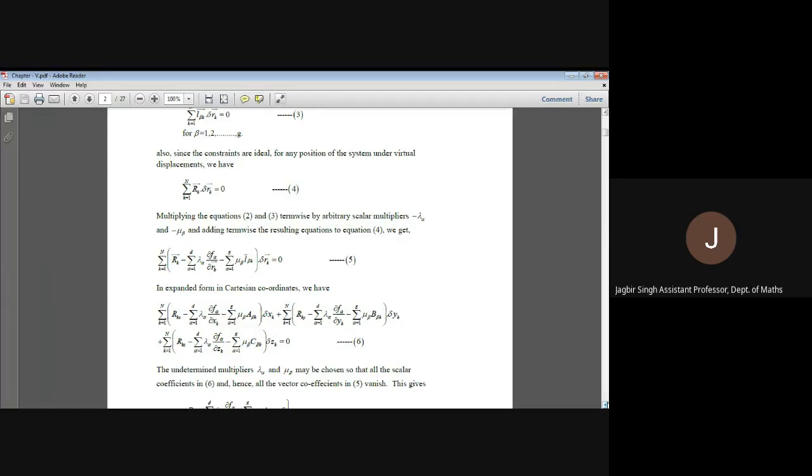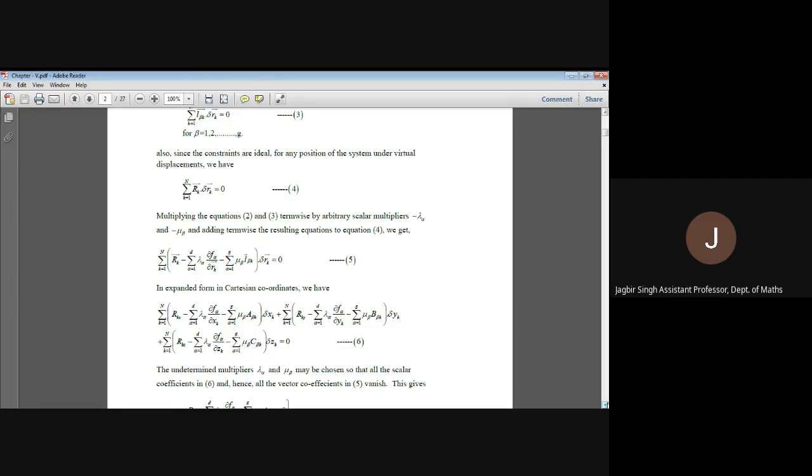Curly f alpha by curly rk will be curly f alpha by curly xk i cap plus curly f alpha by curly yk j cap plus curly f alpha by curly zk k cap. And similarly, L beta k is A beta k plus B beta k plus C beta k, with i, j, k correspondingly. So we wrote all these terms in Cartesian coordinates and obtained equation number 6.